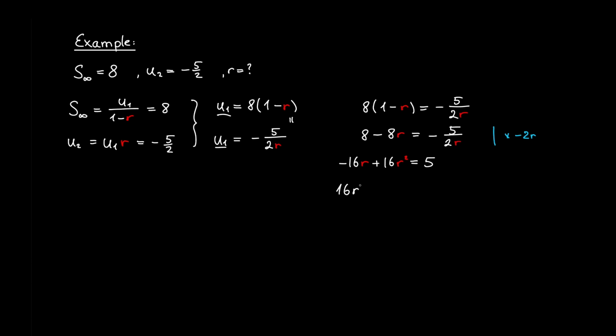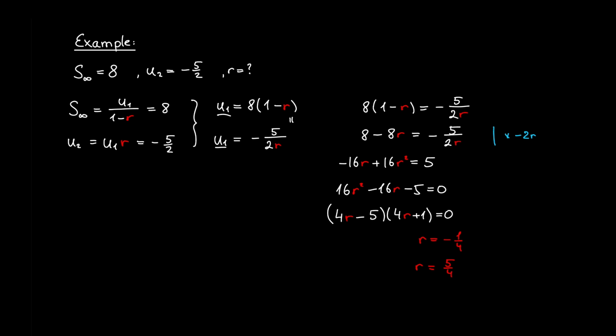What we get is 16r squared minus 16r minus 5 is equal to 0. And here we have a quadratic equation which can be solved using factorization or the quadratic formula. I personally prefer factorization where possible, and I get two answers. r can be equal to negative 1 over 4, or r can be equal to 5 over 4.